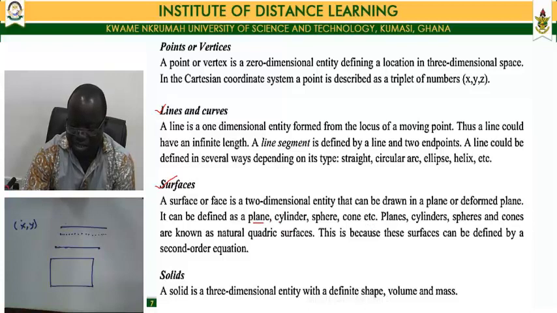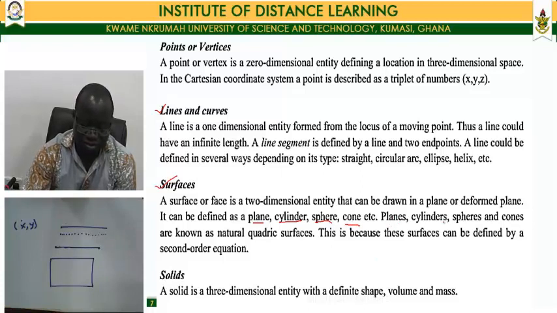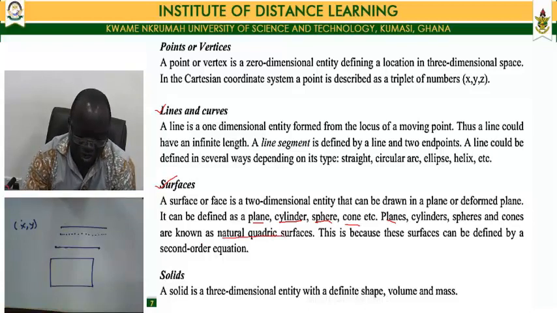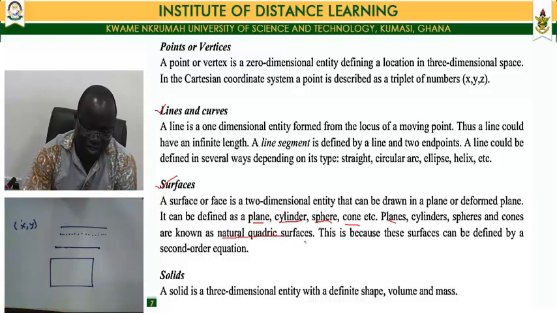Now, planes, cylinders, and cones, this family, are known as natural quadratic surfaces. This word is quadratic, natural quadratic surfaces, because these surfaces can be defined by a second order equation.